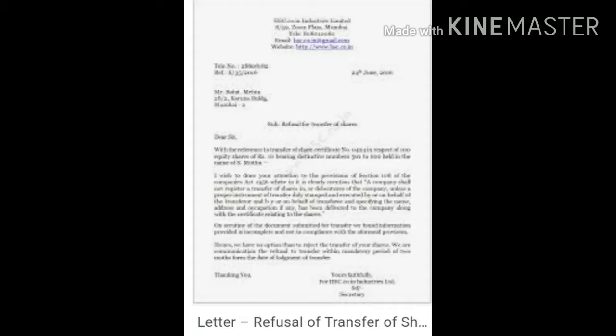Now, A, when the transferee is a minor. B, when the transfer is invalid. C, when a company has a lien on the shares, for example, the company has the right to recover any amount payable by the shareholder to the company.